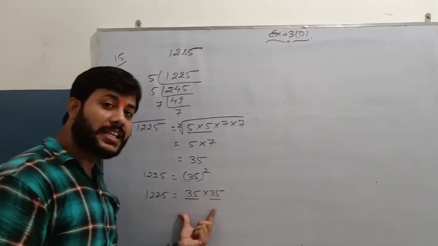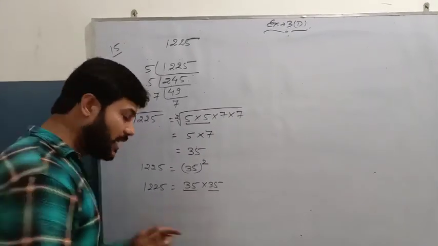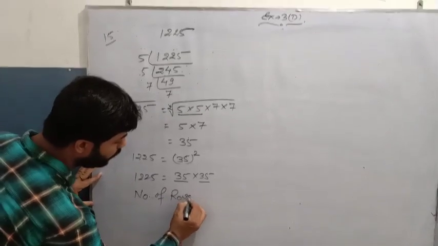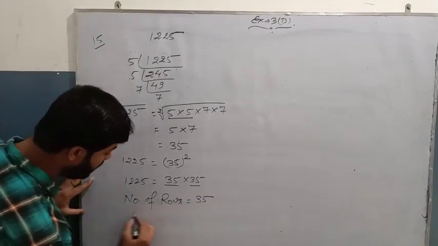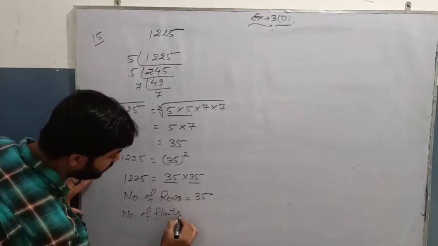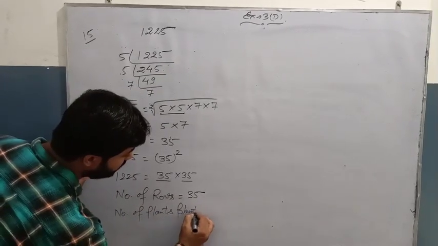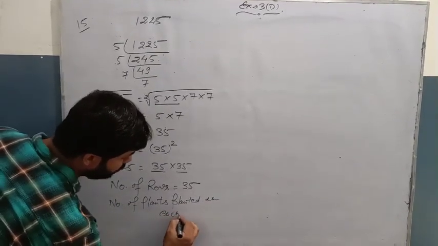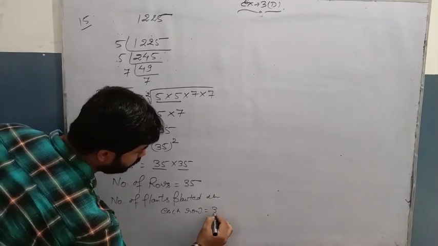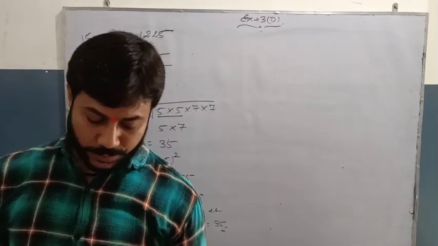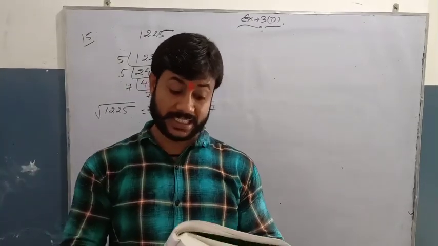So both are the same. The number of rows is 35 and the number of plants planted in each row is also 35, right?